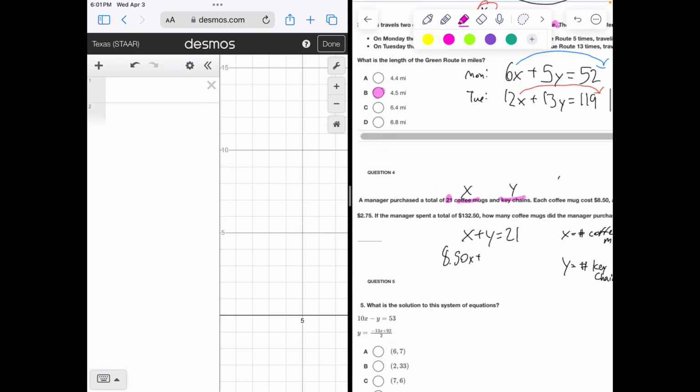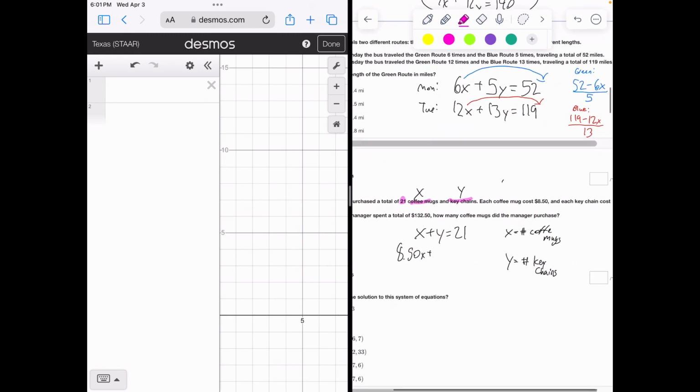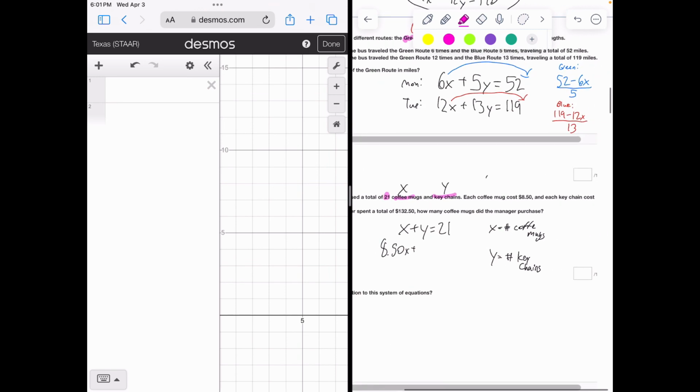Okay, there we go. $2.75 for every keychain.